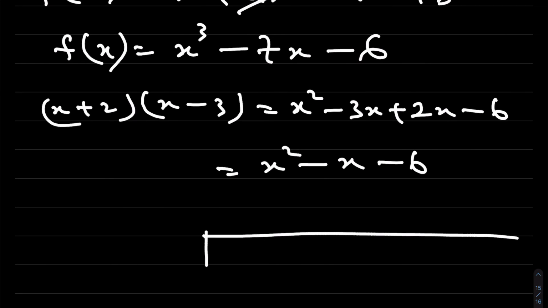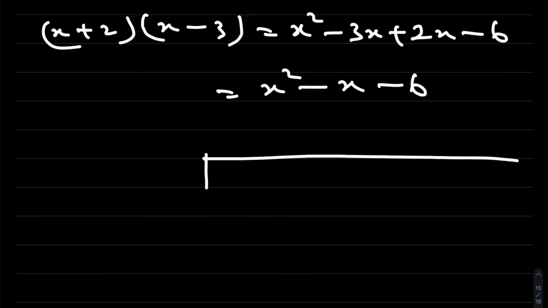If you divide the polynomial by x plus 2, you will get another quadratic factor, which you still need to factorize so that you can have 3 factors. I think it's easier to just multiply the 2 linear factors that you already have and divide f of x by the product of the 2 linear factors to get the third linear factor.